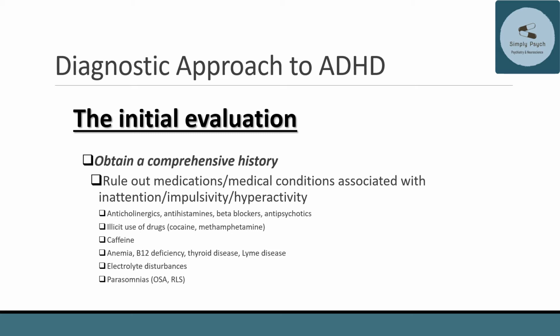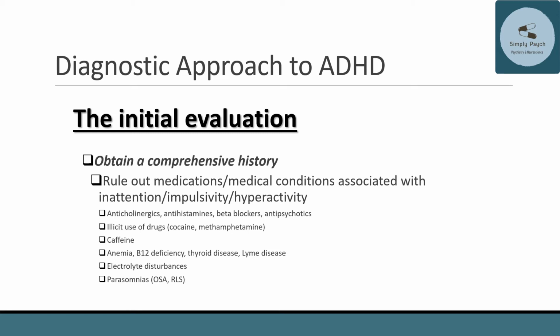The illicit use of drugs, right, cocaine and methamphetamine, are not going to help somebody focus and concentrate in the long term. Caffeine, anemia, B12 deficiency, thyroid disease, Lyme disease, and many electrolyte disturbances like hyponatremia can cause attention and concentration issues. And then the parasomnias.